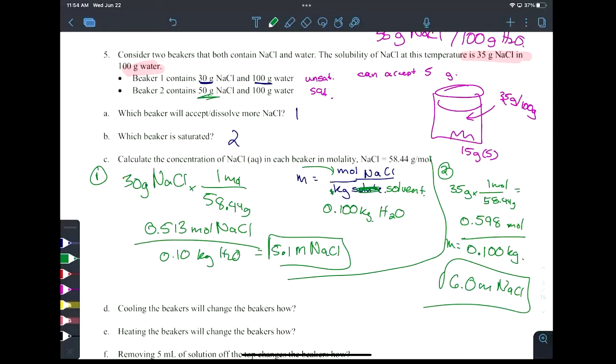Because they're like, oh, you put 50 in there. Yeah, there's 50 in solution. No, you told me that there's 15 grams sitting at the bottom. That's not in solution. So we already said the maximum that this water can hold is 35 grams. That's the stuff that's in solution.